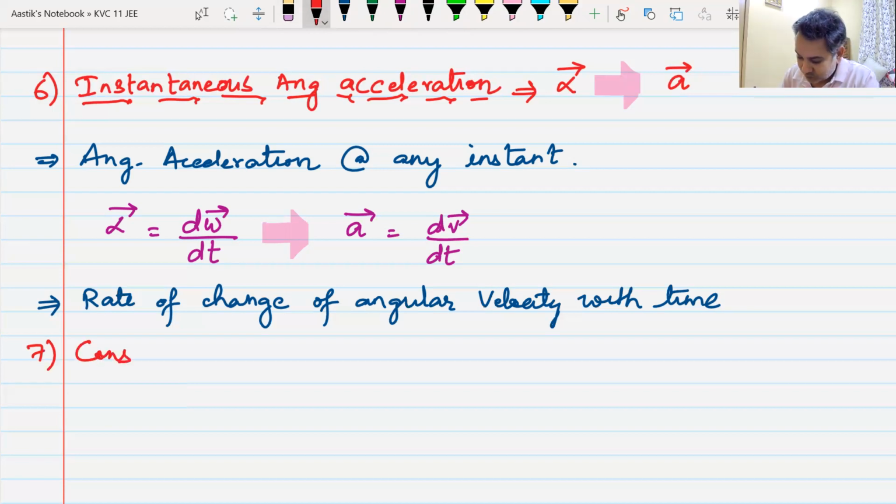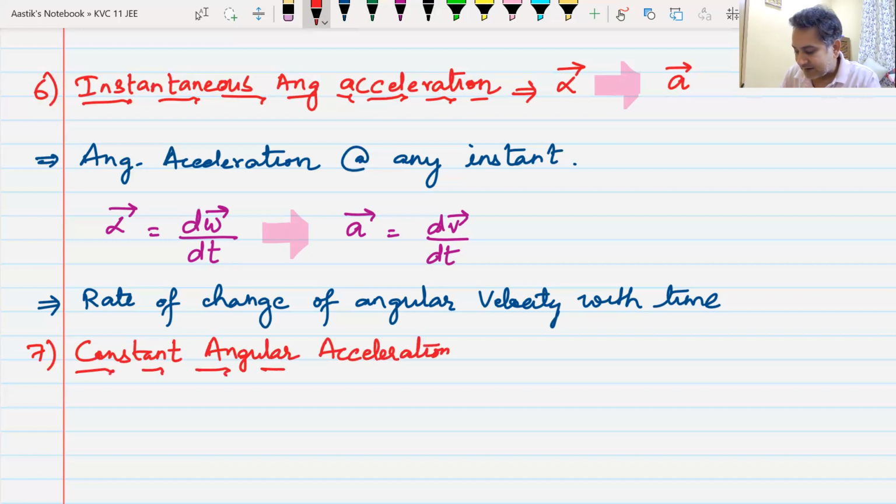Constant angular acceleration. What would you mean by constant angular acceleration?